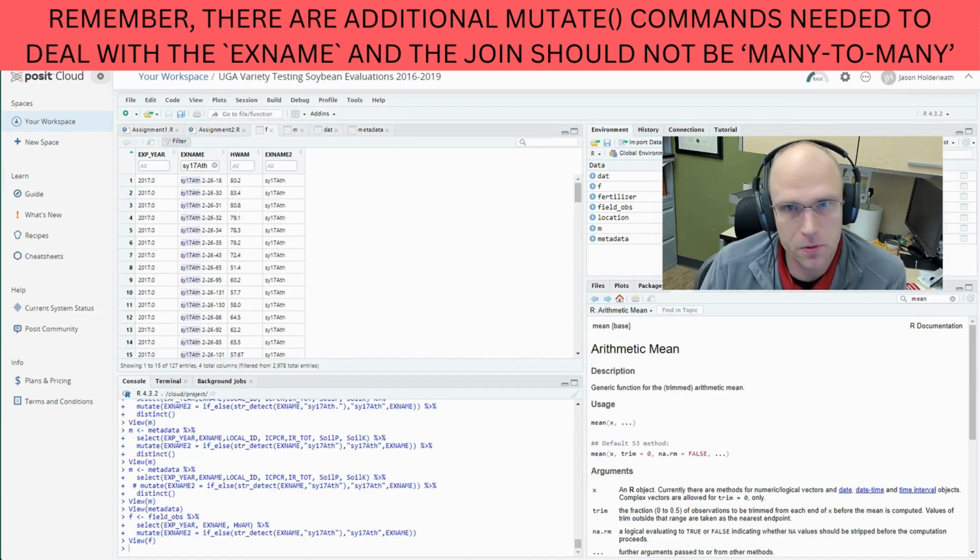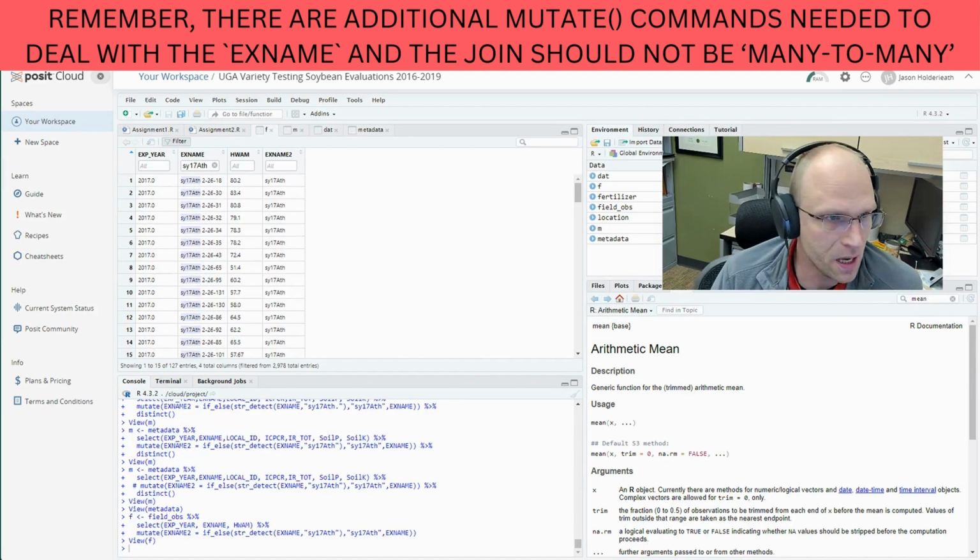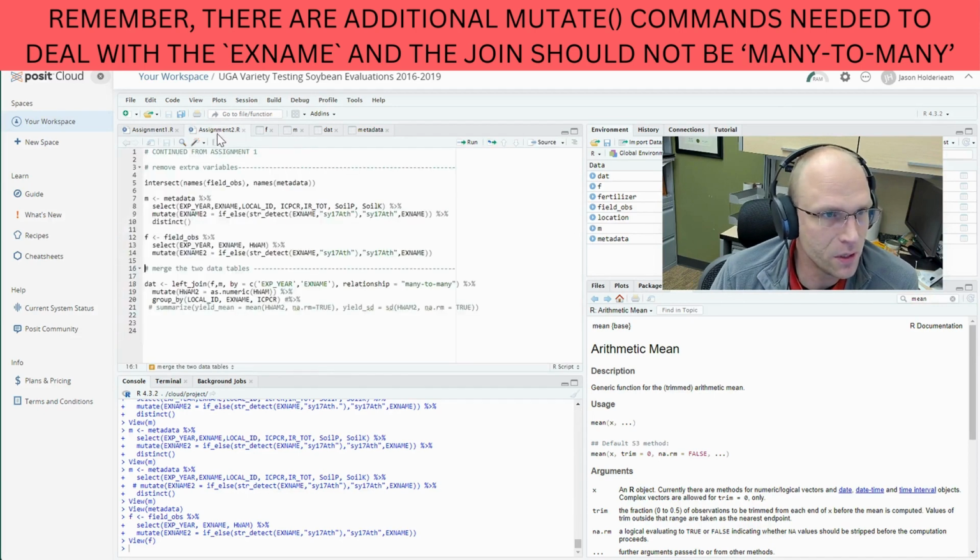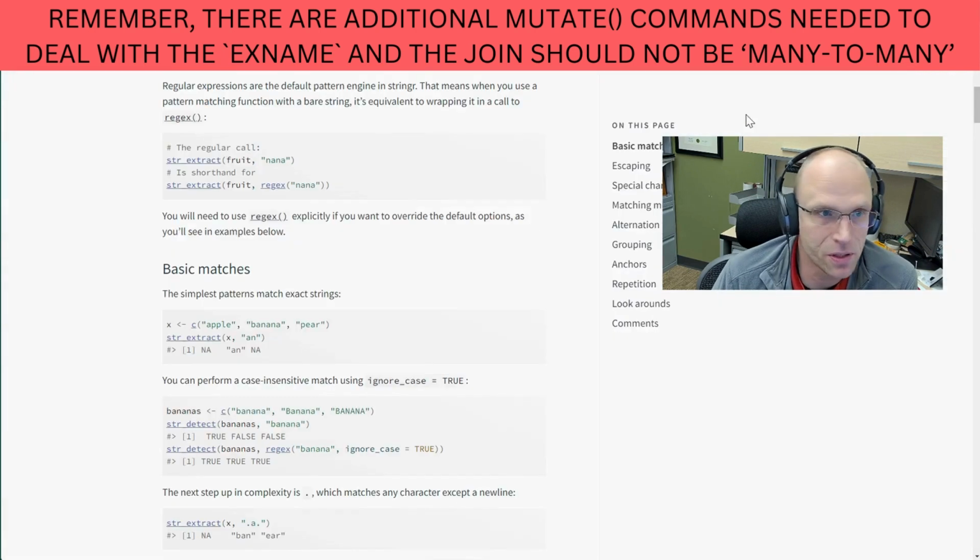All right, so the approach on this that we're going to take is one that I definitely hoped to not have to deal with for you guys. We're going to have to dive into the world of strings. And the simplest string package, or the best one, is part of the tidyverse, so you're still there.